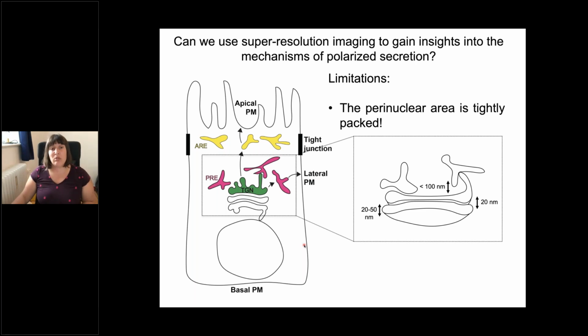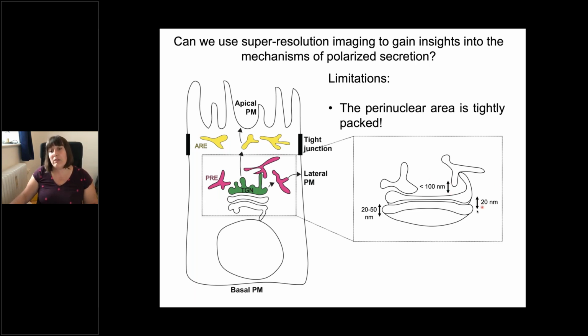One of the limitations of our work is that all these organelles that coordinate sorting, which include the TGN and also recycling endosomes, and the TGN and the recycling endosome are considered the two most important sorting stations for polarized sorting, are all tightly packed in the perinuclear area, so in the area around the nucleus.